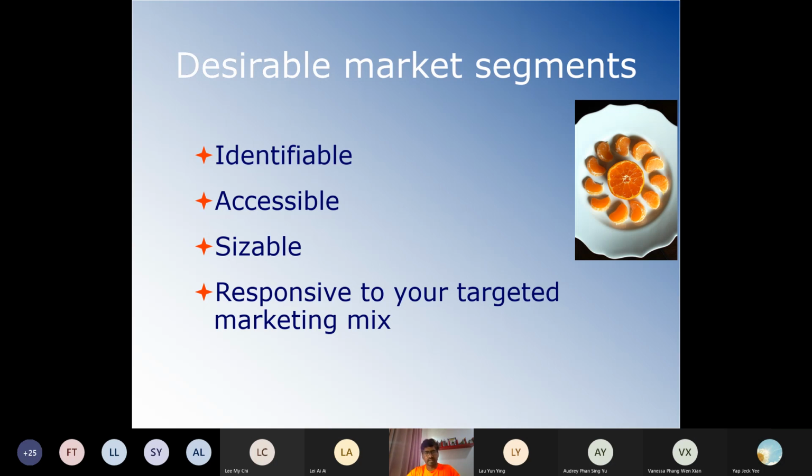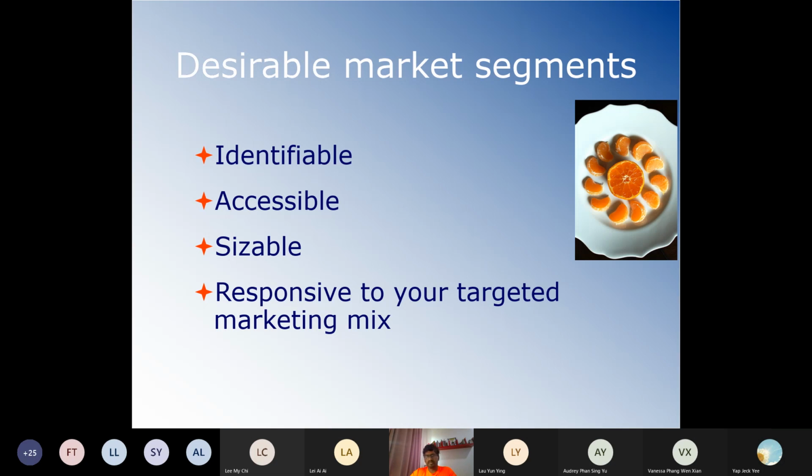And it should be responsive to your target marketing mix. So you choose the marketing mix, the 4Ps or 7Ps, and you see which one is going to be dominating, whether the price, the promotion, the product, the place, or the physical evidence, or whatever it is. Then you will be making a combination of all these in different proportions, and the buyer should respond to that.